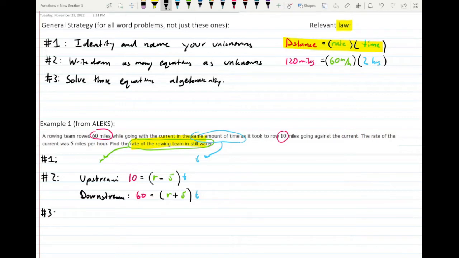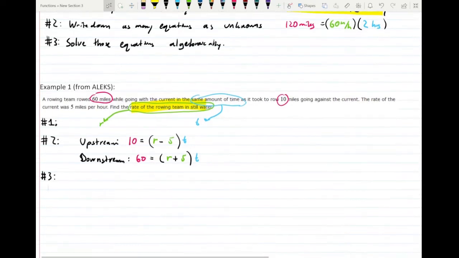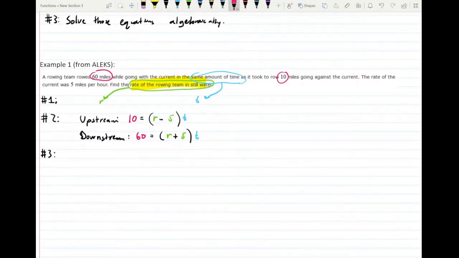Step 3, we're going to solve these equations algebraically. And the first thing we're going to do is distribute out the right sides of both of them.